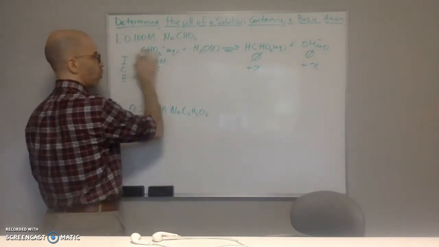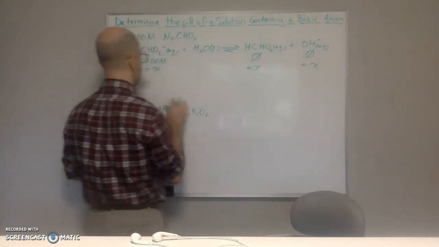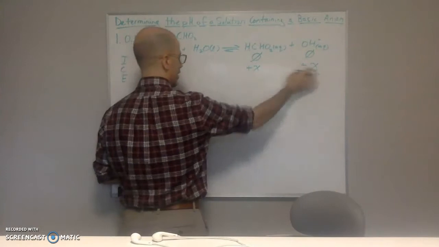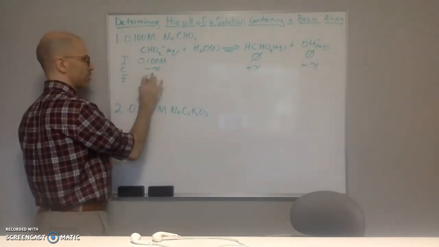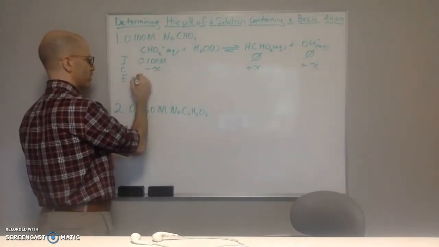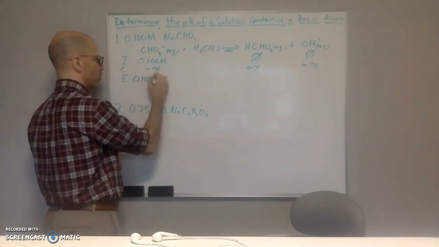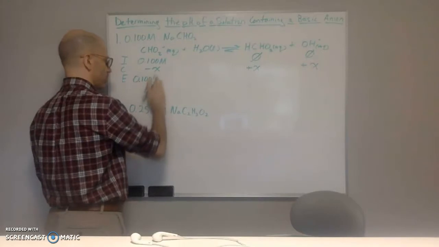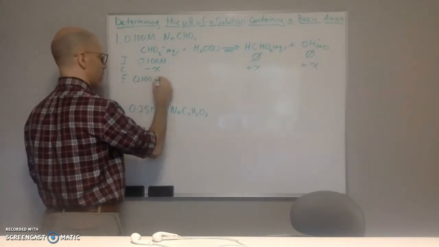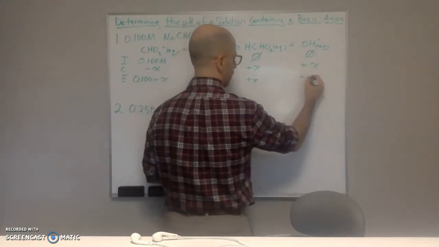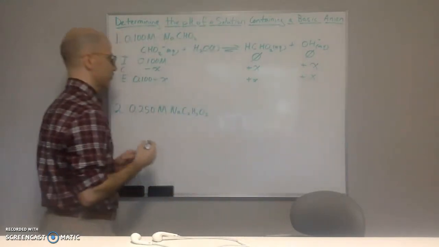So because of the 1-to-1 ratio, we have x, x, x. Now, to get the equilibrium, we add these together. So the equilibrium concentrations are going to be 0.100 minus x, and this will be plus x, and then plus x.